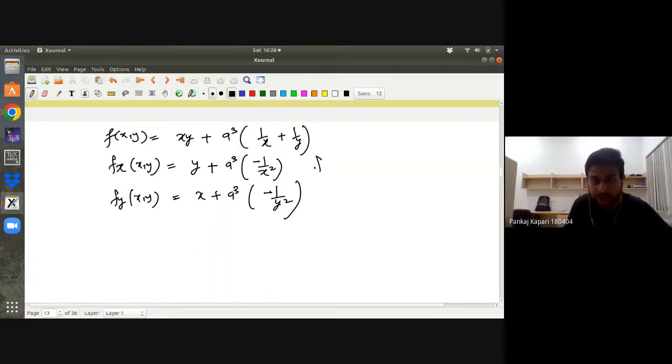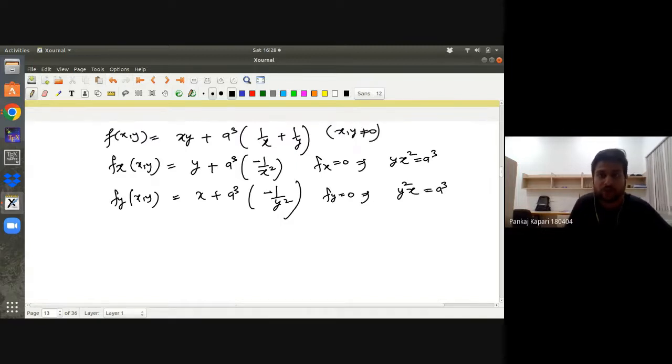Now notice that fx equal to 0 implies that y x square is equal to a cube, and fy equal to 0 implies that y square x is equal to a cube. Notice that x and y are non-zero because the function is well defined.